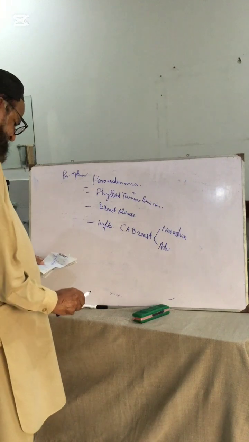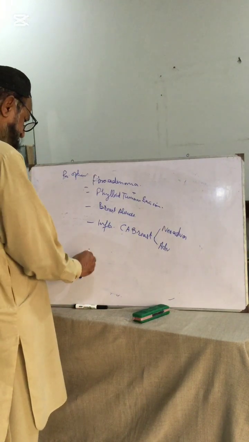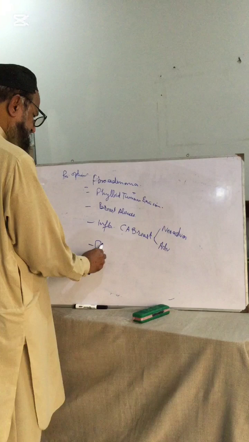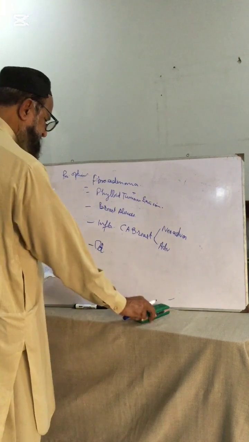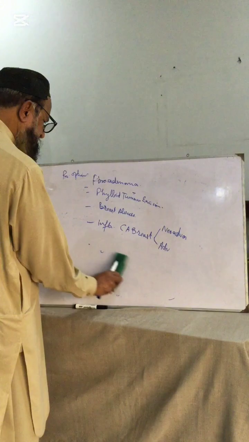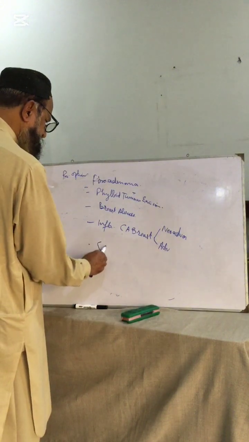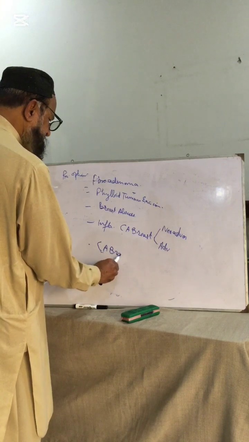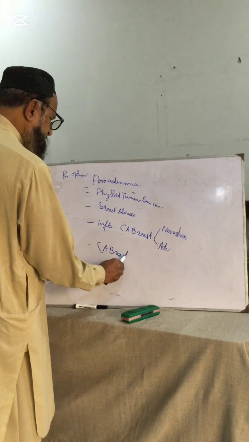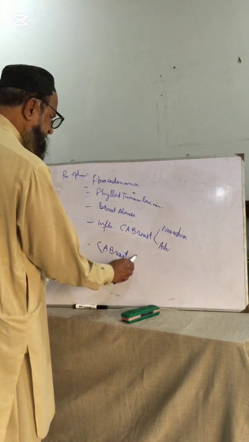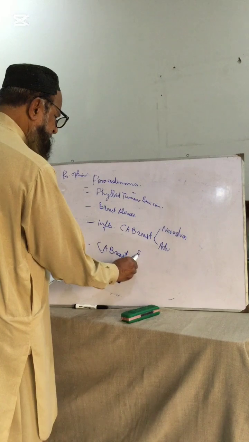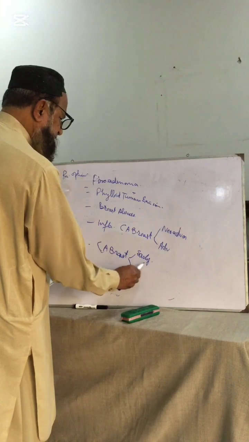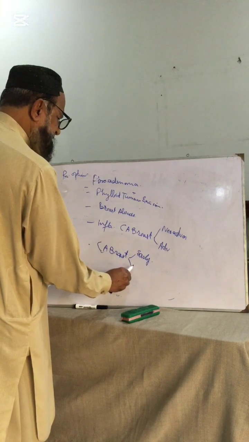Then there is carcinoma of the breast. As we have seen, carcinoma of the breast is not only a localized disease, but a generalized disease. To begin with, carcinoma of the breast is a treatable, curable disease by surgery only.